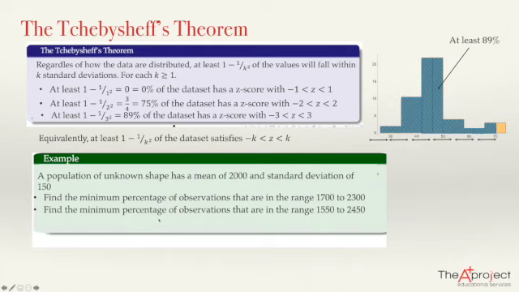Find the minimum percentage of observations that are in the range of 1550 to 2450. And I also would like to know the maximum proportion of the observations that are above 2450. Maybe the Tchebyscheff theorem can help me to answer these three questions.